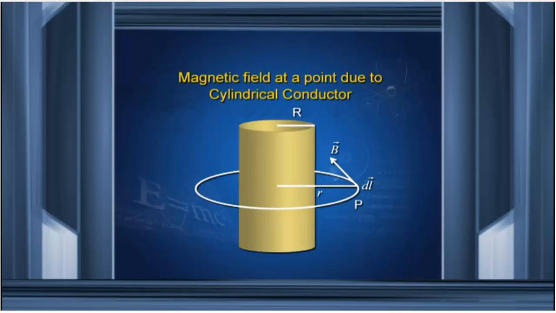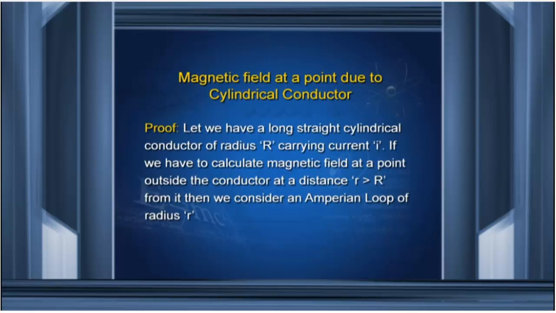Magnetic field at a point due to a cylindrical conductor. Proof. Let us have a long straight cylindrical conductor of radius capital R carrying current I. If we have to calculate the magnetic field at a point P outside the conductor at a distance small r, which is greater than the radius of the cylinder capital R, then we consider an Amperian loop of radius r.